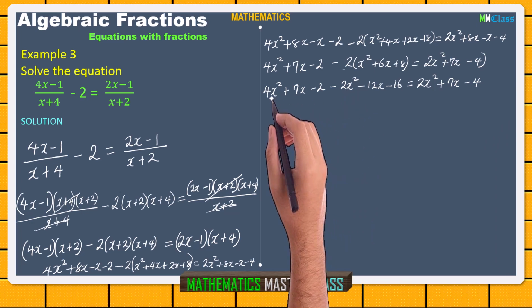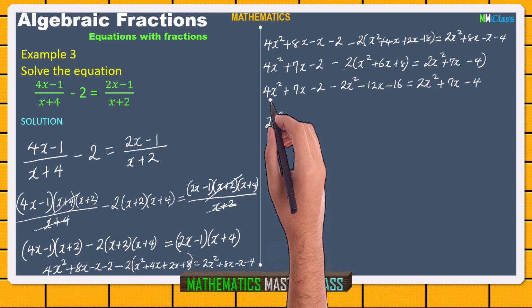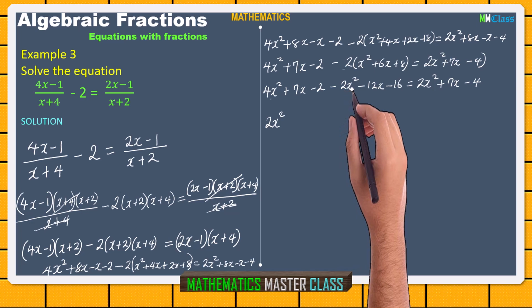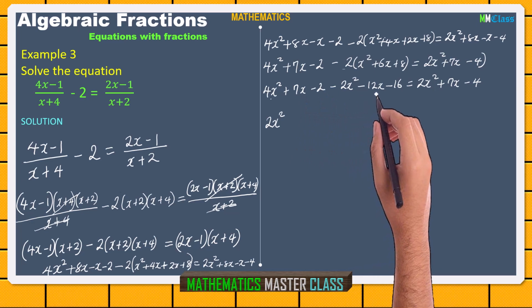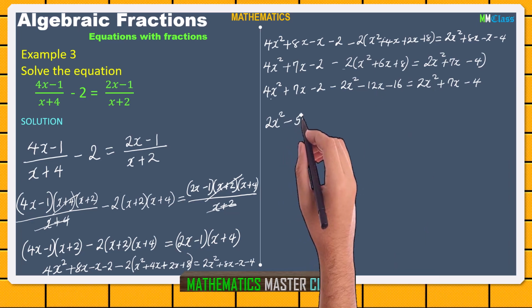Take it away from 4x squared to give us 2x squared. That is 4x squared minus 2x squared. They are like terms, so we subtract them. Now 7x minus 12x will give us minus 5x.